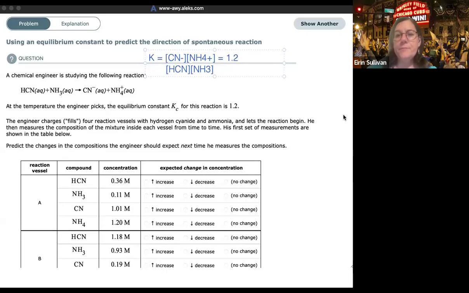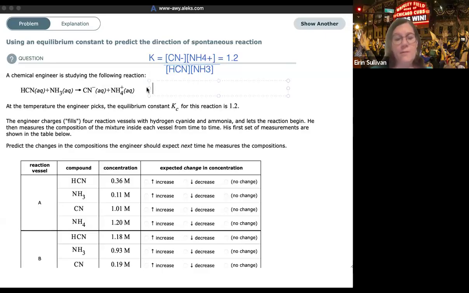Okay, so just a quick and dirty kind of eyeballing. If we have an excess amount of products, so that'd be too much cyanide ion, too much ammonium ion, that is going to result in the number on top in our reaction quotient being too big. So that is going to give us Q greater than our equilibrium constant, which in this case is 1.2.